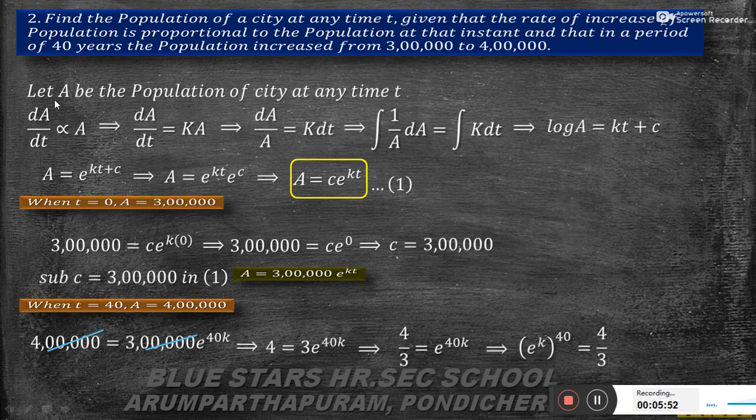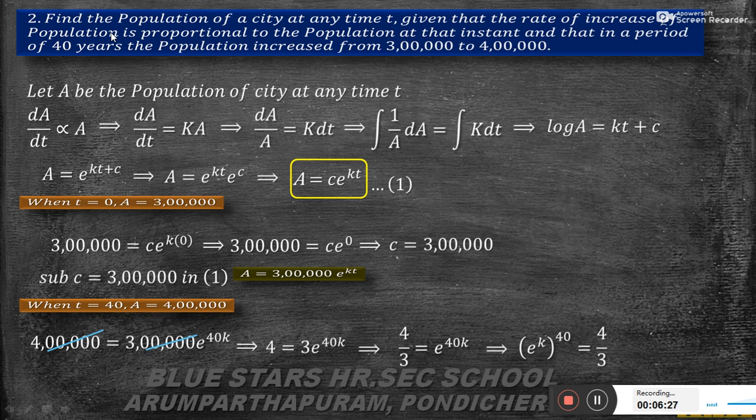Now we discuss the second problem. Find the population of a city at any time t, given that the rate of increase of population is proportional to the population at that instant, and that in a period of 40 years the population increased from 3 lakh to 4 lakh.